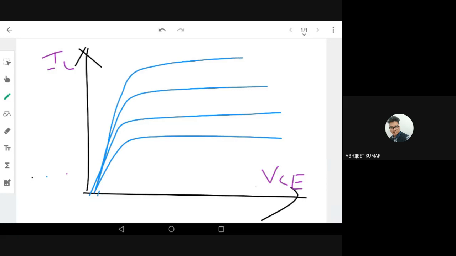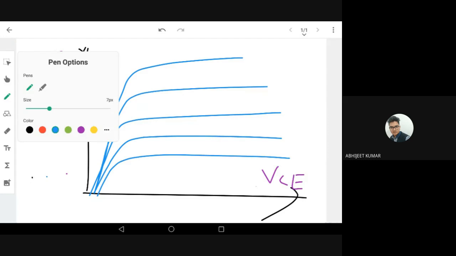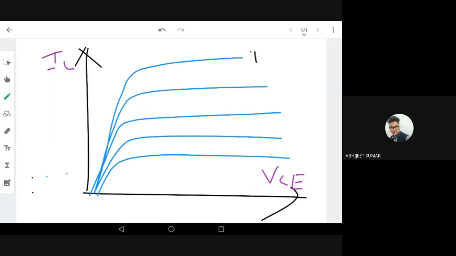Here all these points are the different values of IB. This is IB equal to 40 micro ampere, this is IB equal to maybe 10 micro ampere, and this is 20, 30, 35, something like this.